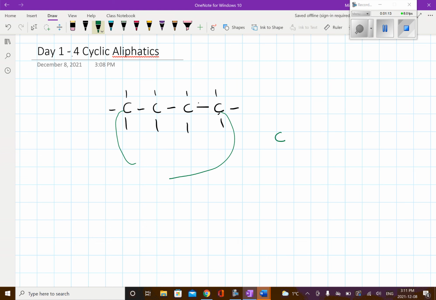So carbon will be like this, and the cycle will be here, and then we will have hydrogens to complete the four bonds that carbon is forming. And then this will be named as a cyclobutane.